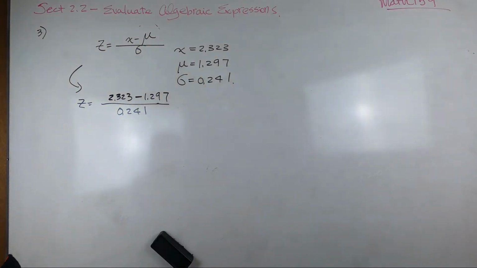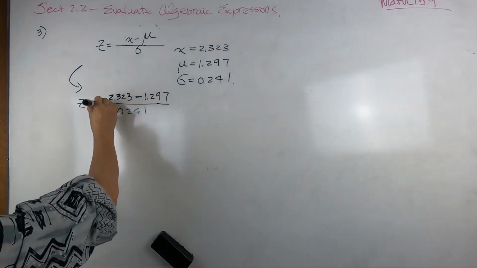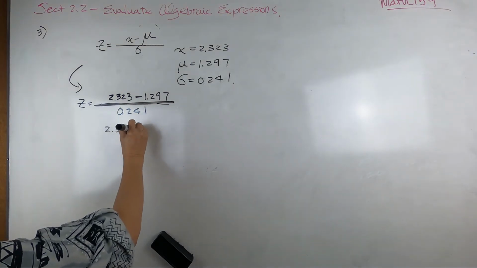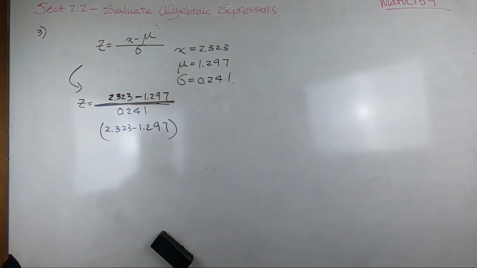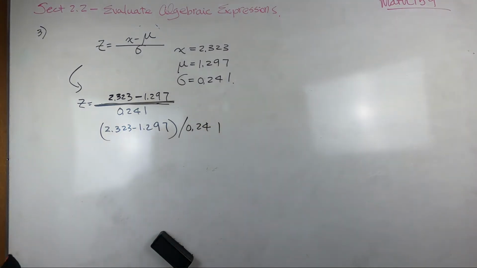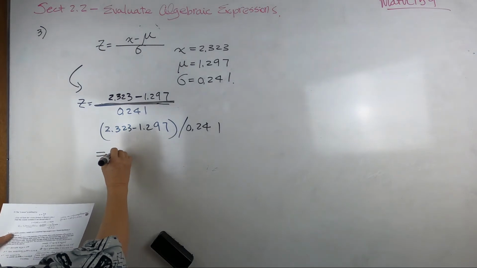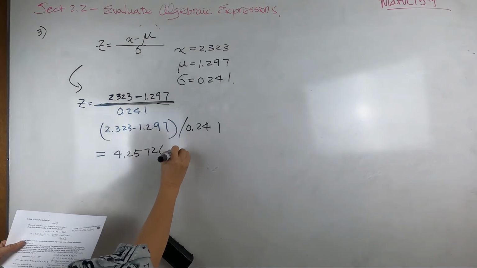When you put it into the calculator, you need to pay attention to your parentheses and follow the order of operations. The top is a group, so you need to put it into the calculator this way. You have to do this group first, then divide by this value. Then you will have 4.25726, some number.